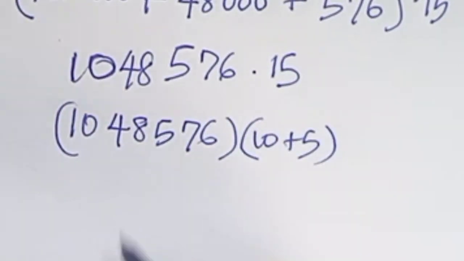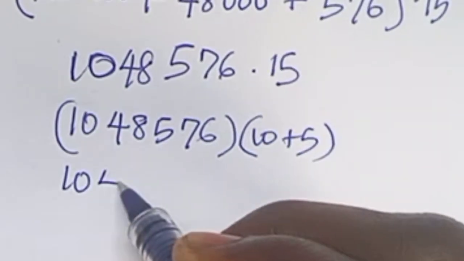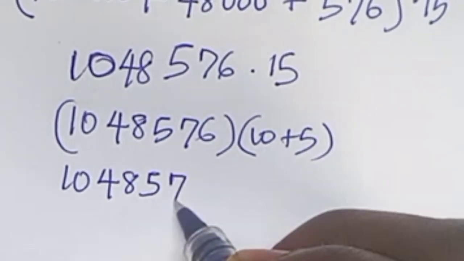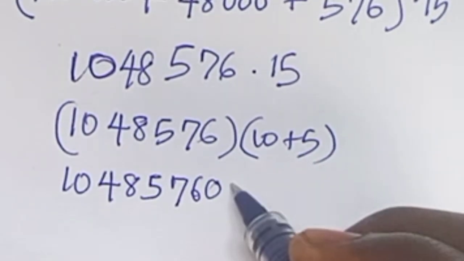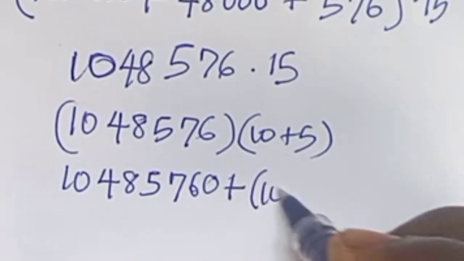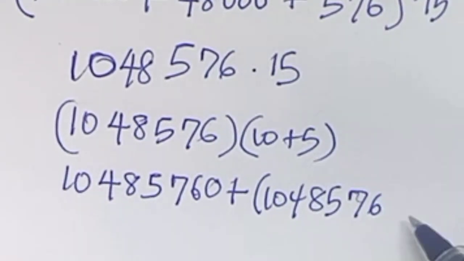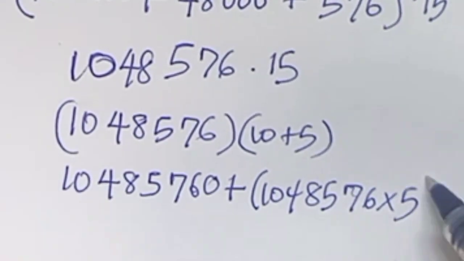So if we open up the bracket, 10 multiplied by 1,048,576 will be 10,485,760, plus 5 multiplied by 1,048,576.